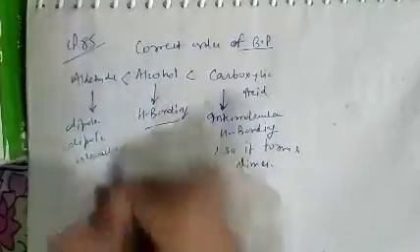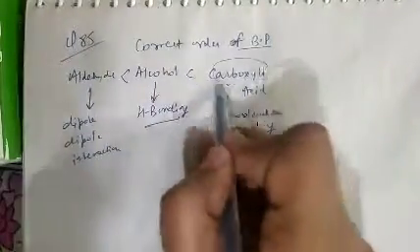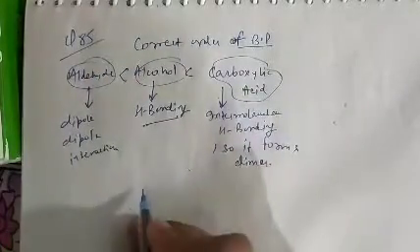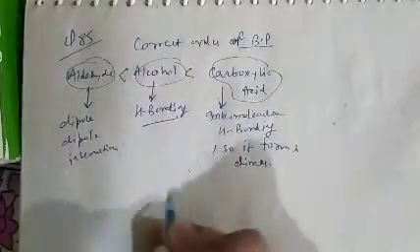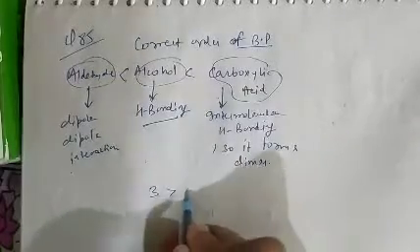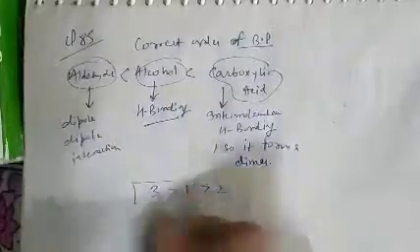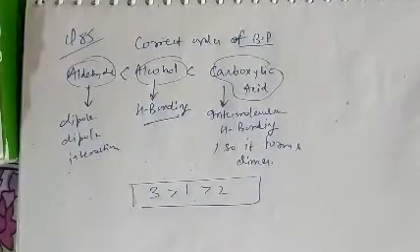So the order of boiling point is maximum in carboxylic acid, then alcohol, and then aldehyde. So third has maximum boiling point, then first, which is alcohol, and then second. So question number 85, option B is correct.